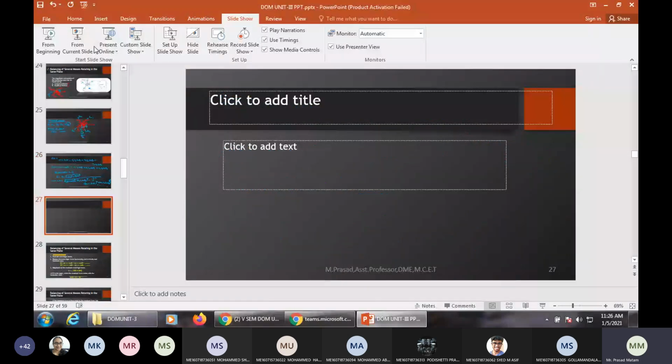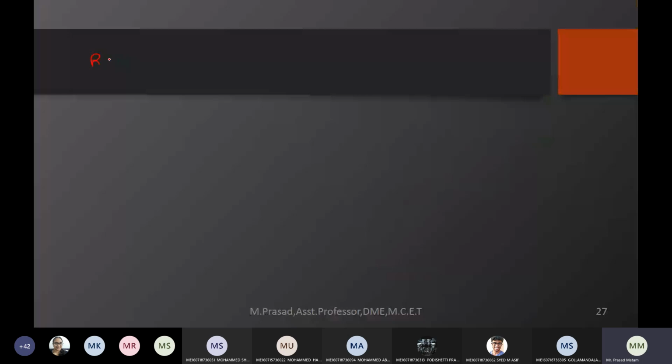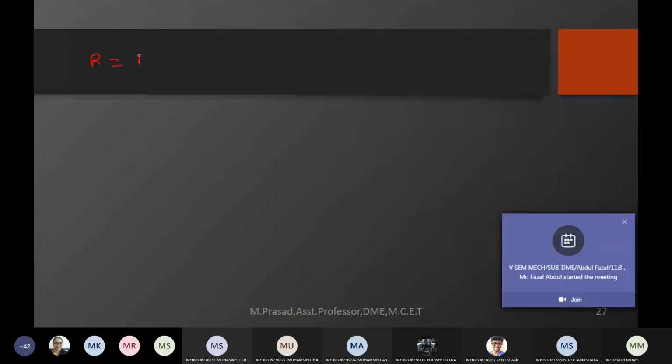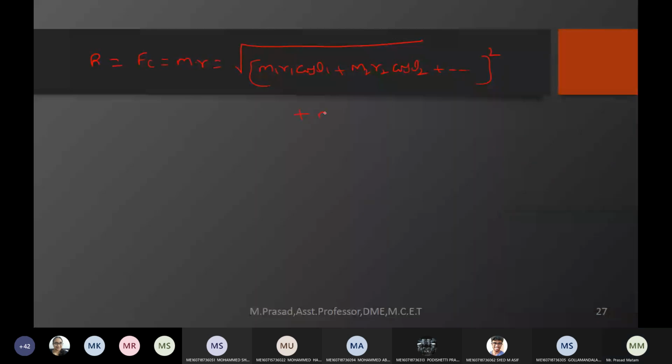Now I get the resultant force R equals Fc, which equals m into r, equals the root of m1 r1 cos theta 1 plus m2 r2 cos theta 2 plus so on up to 4, whole squared, plus m1 r1 sin theta 1 plus m2 r2 sin theta 2 plus so on, squared.